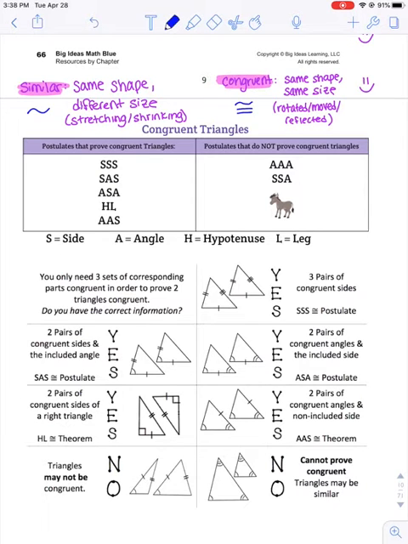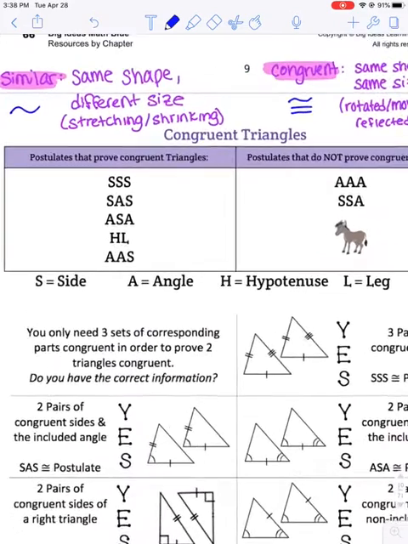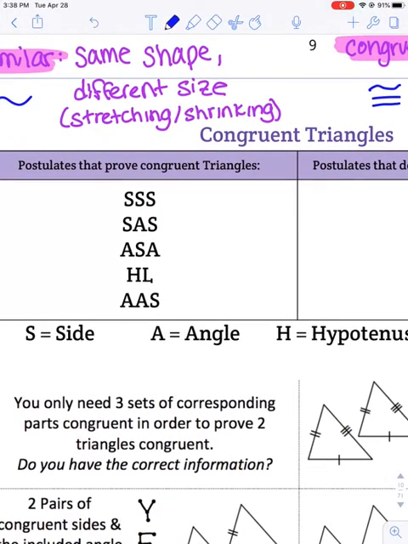So what we're going to be talking about today is if you're given two triangles, do you have enough information to say that they are for sure congruent to each other? So there's a chart up at the top that describes the different postulates, which is another word for almost rules or theorems, postulates that prove that triangles are congruent. I'm going to explain all of these, but what this means, S stands for side, A stands for angle.